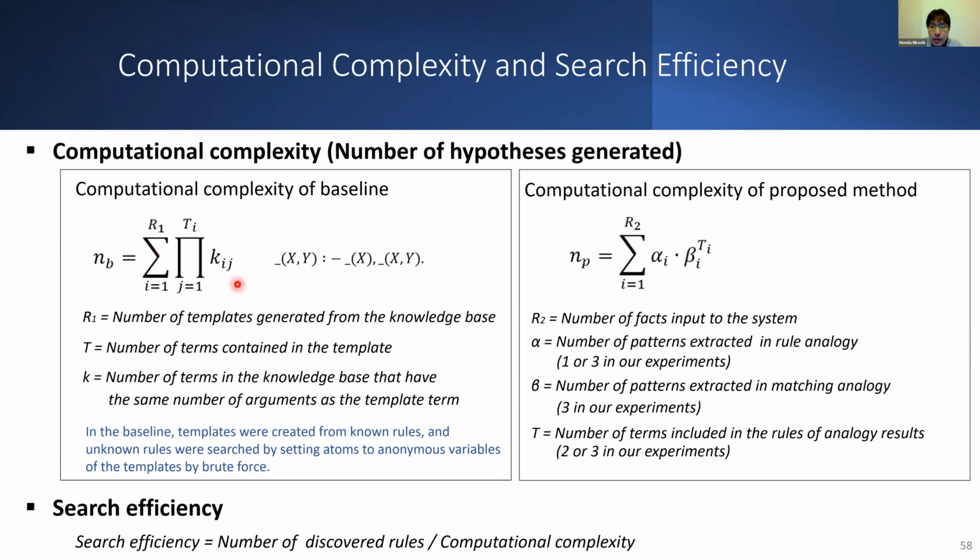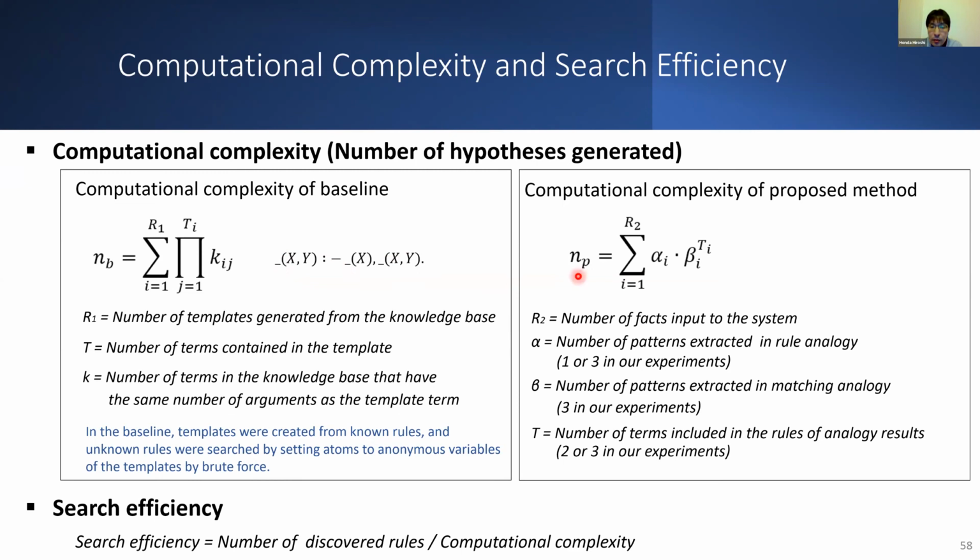In the baseline, templates were created from known rules, and unknown rules were searched by setting atoms to anonymous variables of the templates by brute force. This is an example of templates of the baseline. Here, underbars mean anonymous variables.